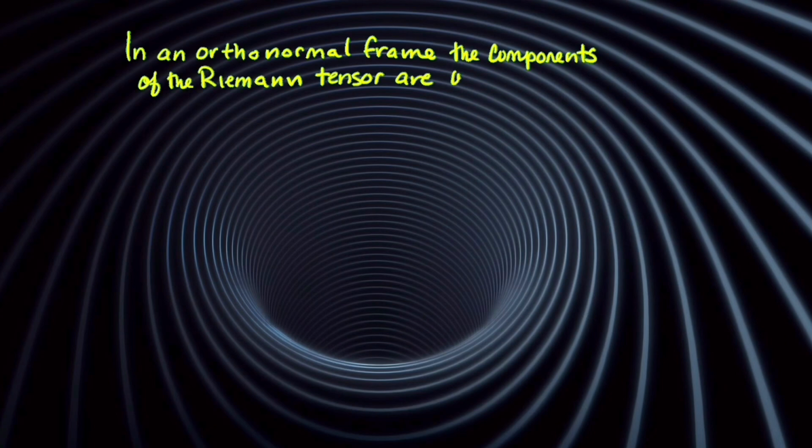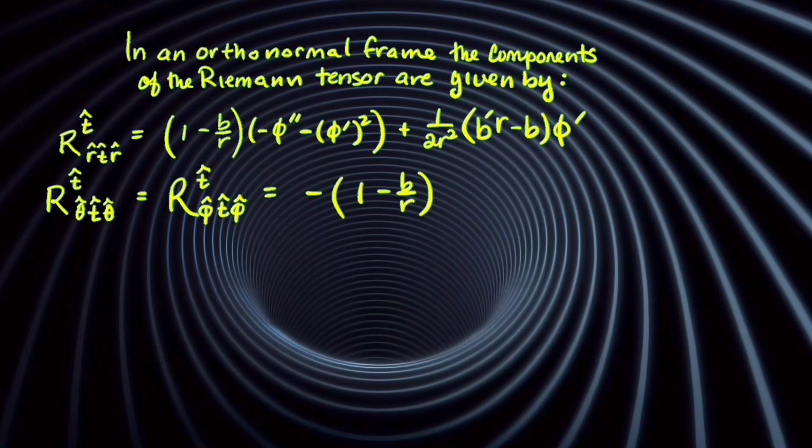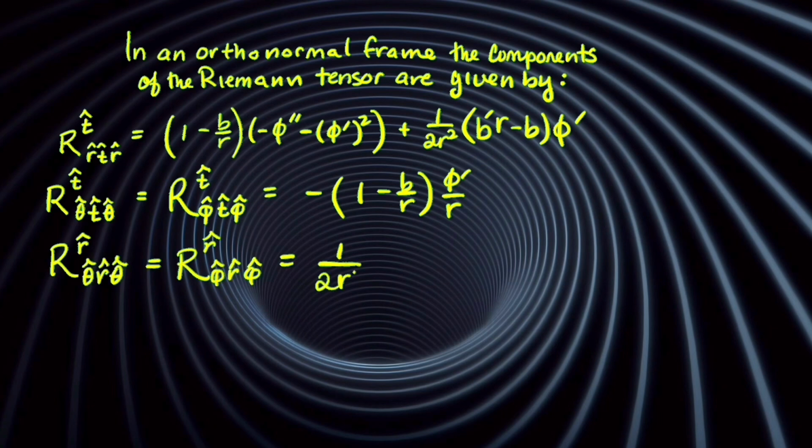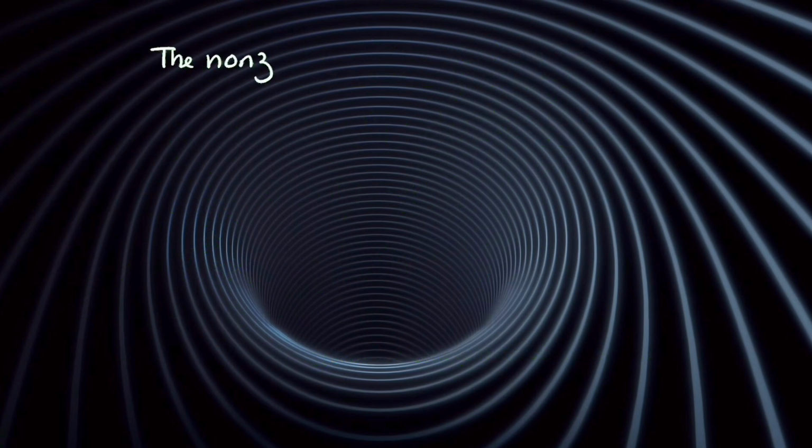In an orthonormal frame, the components of the Riemann tensor are then given by this expression. And again, we're considering all non-zero components, as all other components vanish. We have then a way of generating the Ricci tensor, the Ricci scalar, and the Einstein equations.